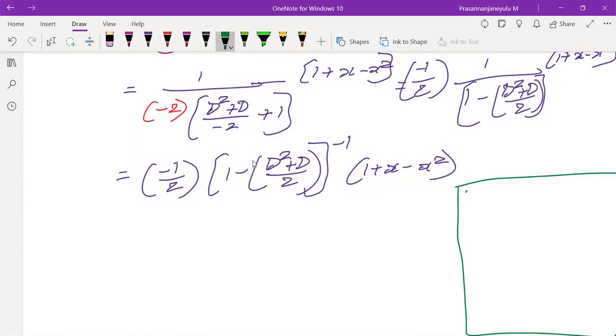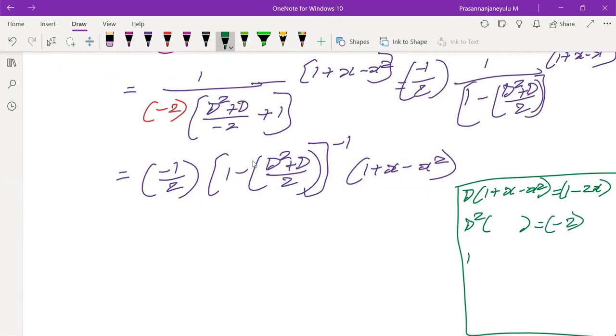Differentiation of 1 plus x minus x square. What value do we get? Differentiation of 1 is 0, differentiation of x is 1, minus differentiation of x square is 2x. So the first derivative is 1 minus 2x. What is the second derivative? Differentiating 1 minus 2x again with respect to x, we get 0 minus 2.